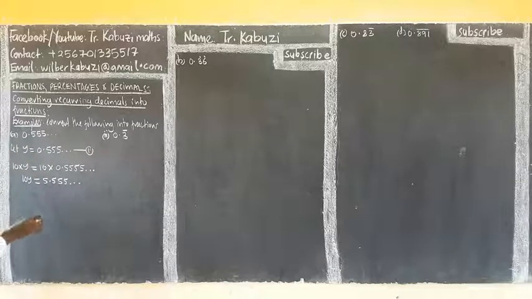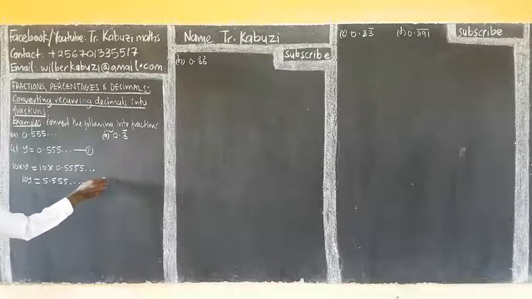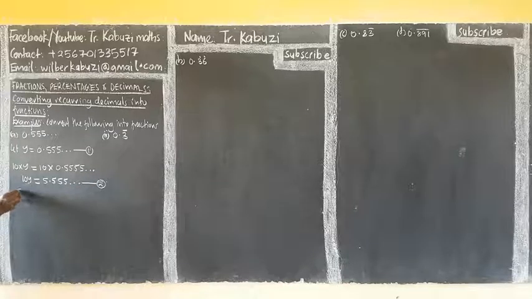That's always the idea. If you multiply here by 10, you also increase the number which is recurring here. Because it's still recurring, there are many coming. We call this one equation 2. Then after that I will say 2 subtract 1.